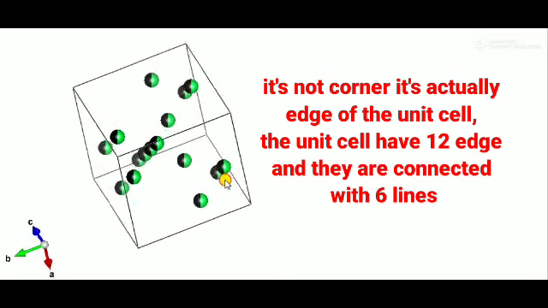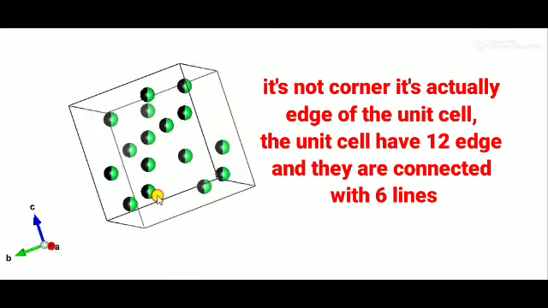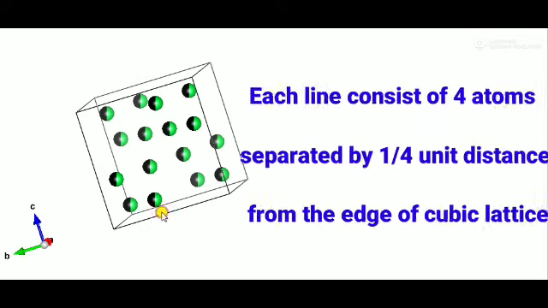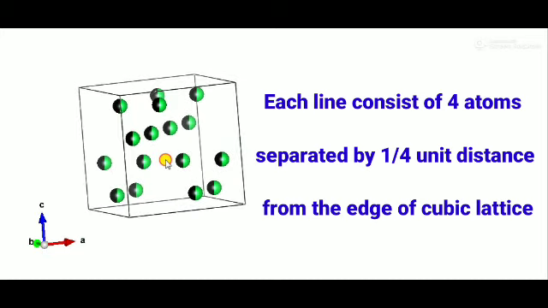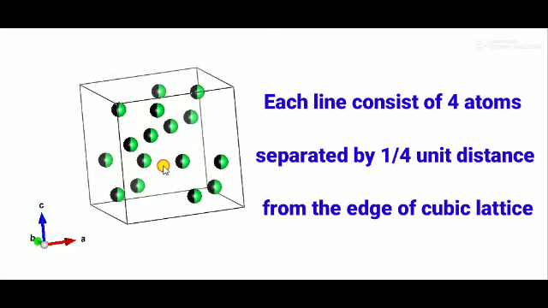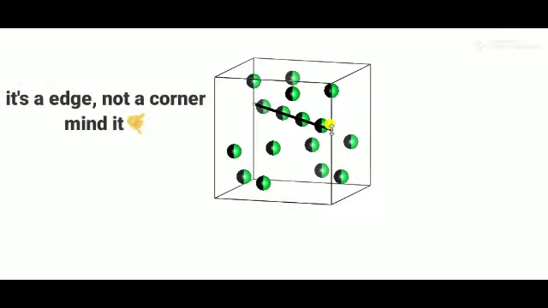And from this corner, through the center, to that corner, they are again connected with these 4 atoms. Likewise all corner to corner or face to face are connected in this manner. Let me connect one by one. First, these 4 are connected from this corner to this corner, meaning this is the first face, the front face, and this is the back face.